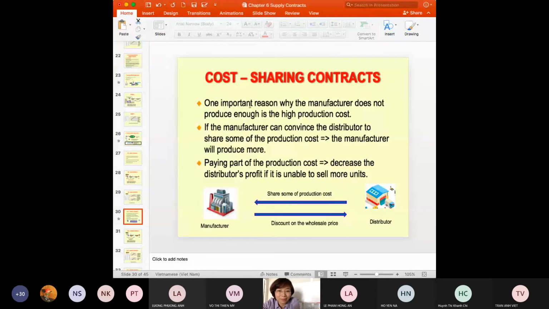Okay. About the cost sharing contracts. The important reason why the manufacturer doesn't produce enough quantity is the high production cost.